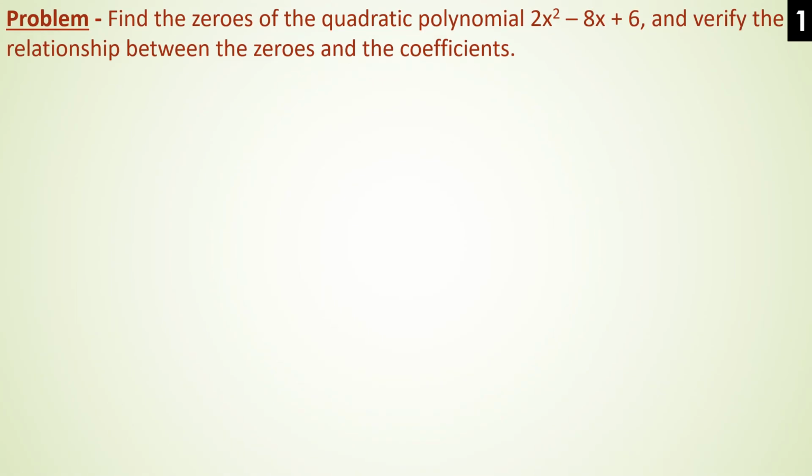Let us see one more example based upon the relationship between zeros and coefficients of the polynomial. See here, the given polynomial is 2x square minus 8x plus 6. So by splitting the middle term, we will factorize the polynomial.